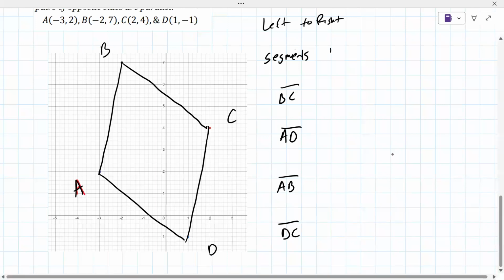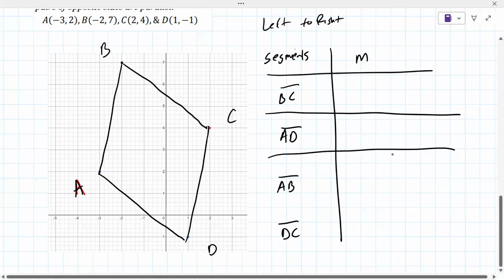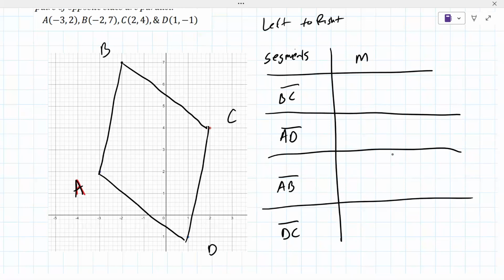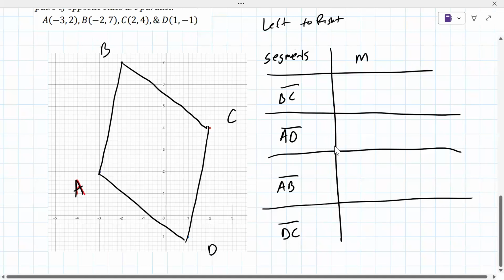Go ahead and find the slope of each of these, please, but don't reduce it. Just find the unreduced slope. B to C. And you want me to count the slope of it?